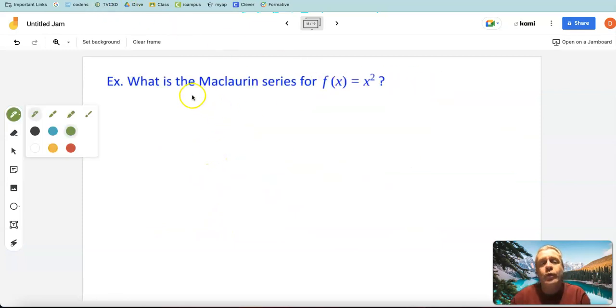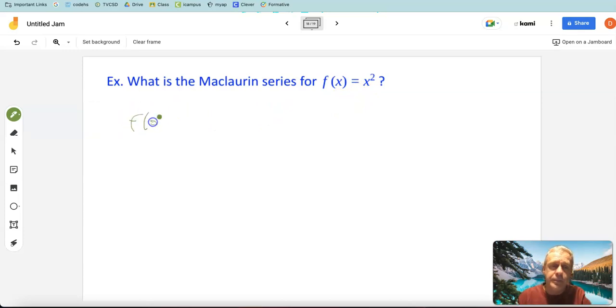All right, so for the next example, we're going to find the Maclaurin series for f of x equals x squared, which isn't one of or related to any of the 4 functions that you have to have Maclaurin series memorized for. But I want to do this for a particular reason. So to do this, we're going to have to fall back on the Maclaurin polynomial formula. And in doing so, f of 0 for this particular function is just equal to 0.